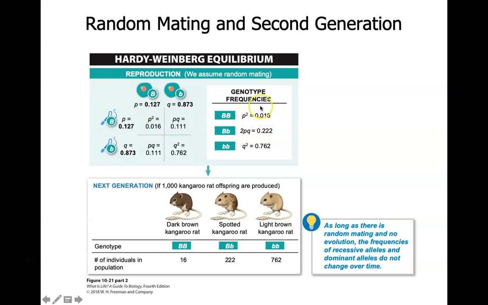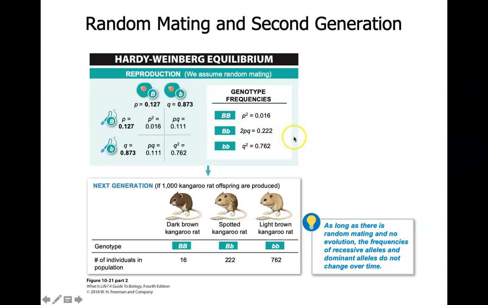So that is the frequency of our homozygous dominant genotype. Q squared is the same thing. Chance of getting little b times chance of getting little b is 0.762. And then the frequency of the heterozygous genotype is 2 times PQ. So the probability of getting little b, probability of big B, and we can get that in 2 different ways.